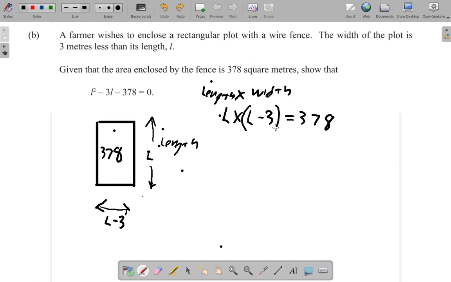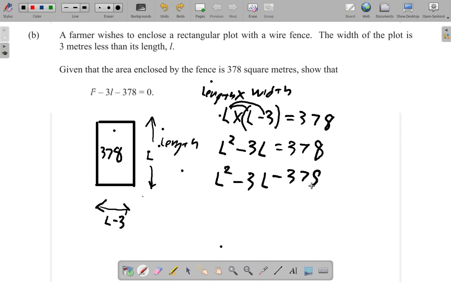You know that it's a rectangle, so this is the way you calculate the area. So now L times L gives you L squared, minus L times 3 gives you 3L, is equal to 378. And if you subtract 378 from both sides, you get L squared minus 3L minus 378 equals 0.